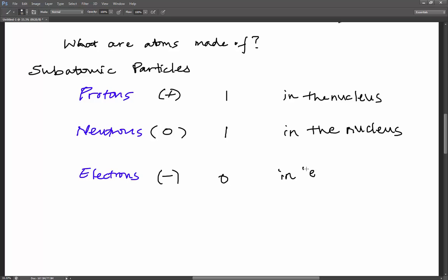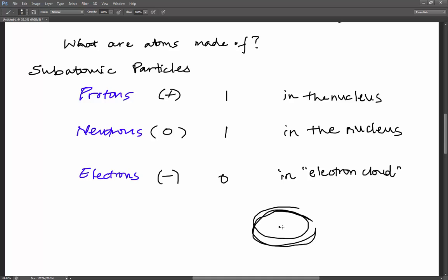So in what we'll call the electron cloud, maybe, depending on how you're characterizing that. So just to give you an idea, here you've got an atom, the little nucleus, and out here is your big electron cloud.